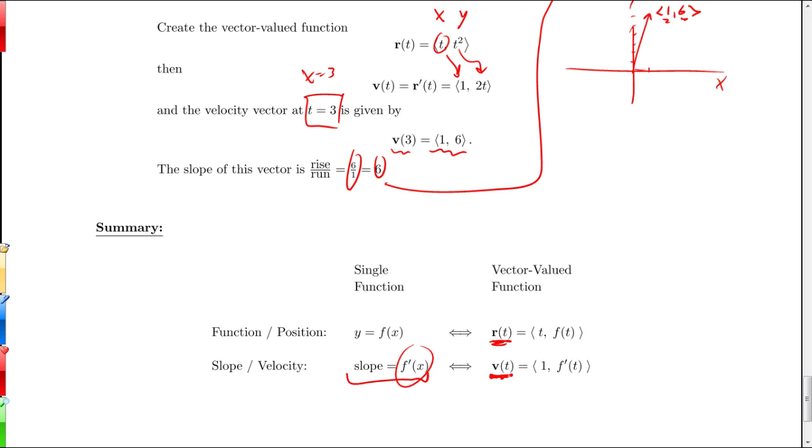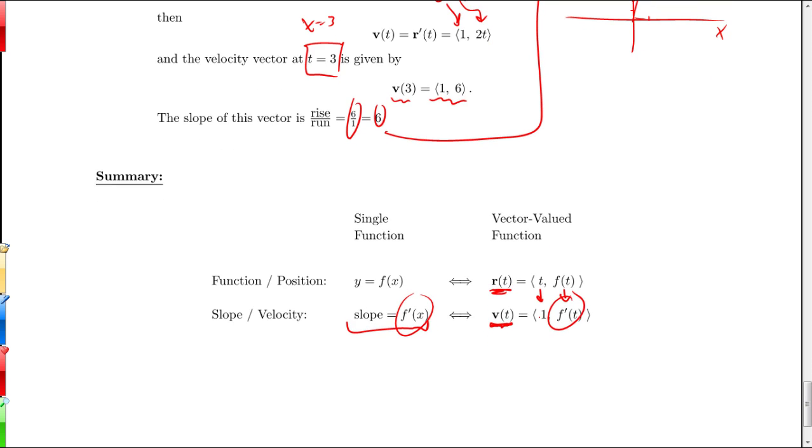But in vector valued function terms, we call it v of t, or the derivative of r of t. The t differentiates to 1, and the f of t goes to f prime of t. And your slope is really sitting right there. You just stick in your value of x, make it t, stick it in there, and that is your slope.